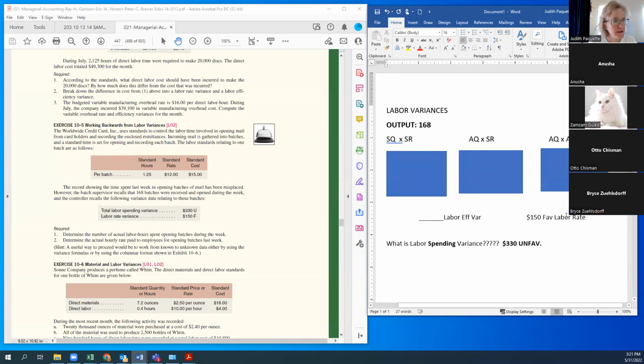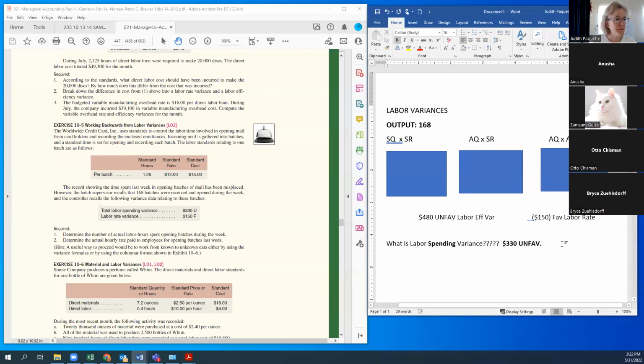So if X plus a favorable variance, remember favorable variance, yep, you got it, Otto. We write the favorable one like that. This has to be positive, which means it increases cost. So now we know labor efficiency is unfavorable. Okay, so we've solved for part of this problem, but that's not the question in the problem.